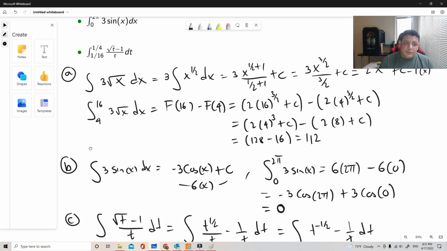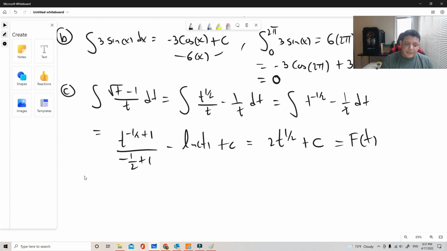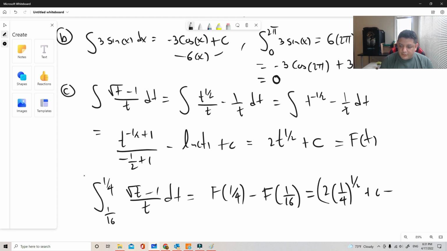Now we're interested in the values 1/16 to 1/4. So now we can talk about the integral from 1/16 to 1/4 of square root of t minus 1 over t. And so this is essentially F of 1/4 minus F of 1/16. And that means twice the square root of 1/4 here minus, and at this point you start to see that we're always going to lose the constant.